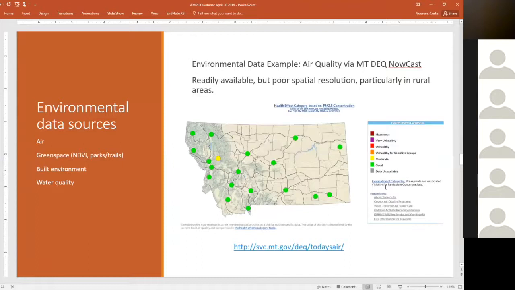I was going to take you to this site, but in the interest of time, I will not do that so that we can keep moving along and be sure to have time for questions. But this is a good source for data, but one of the challenges you can see is that there is a limited monitoring network. It's still quite a bit, but there are going to be a lot of areas that are not covered by this air quality monitoring network.